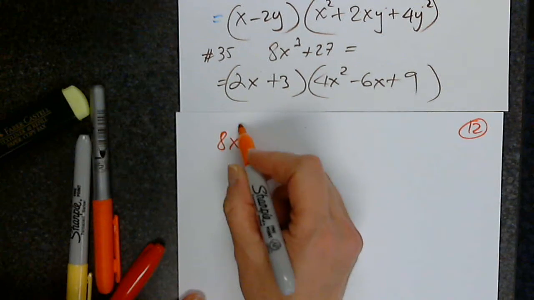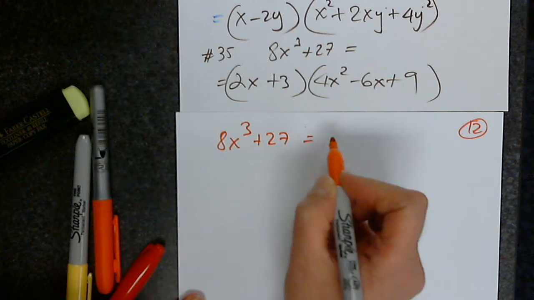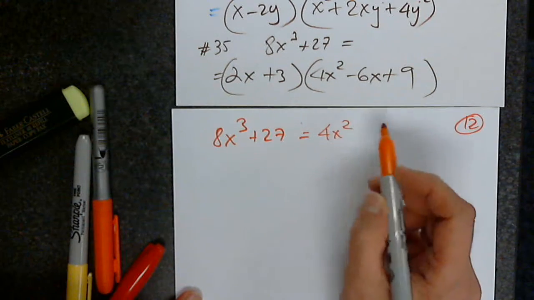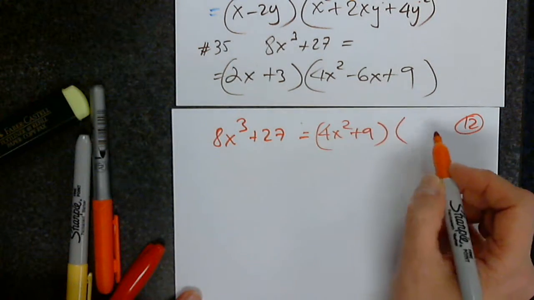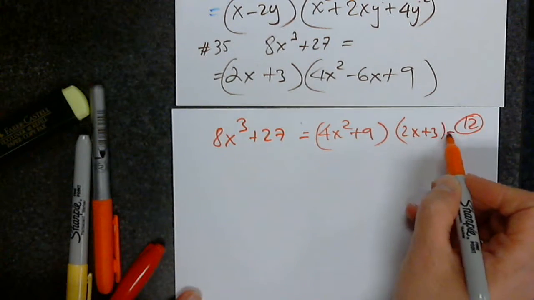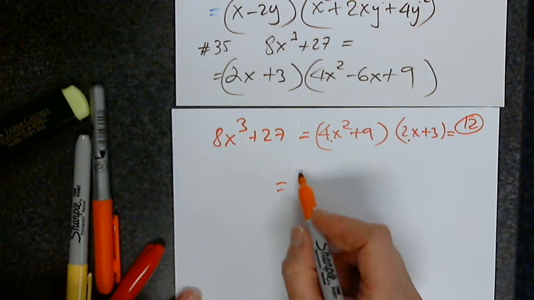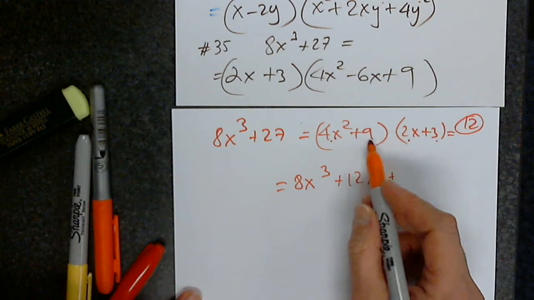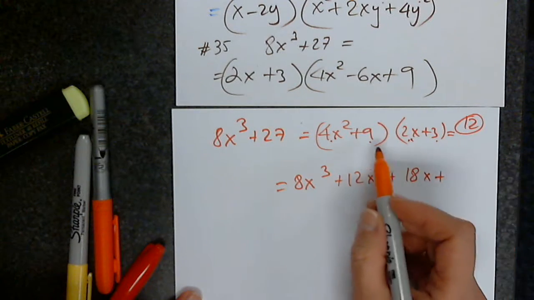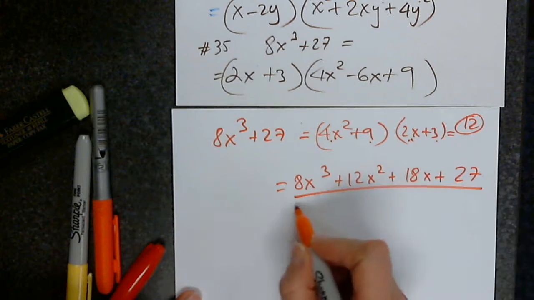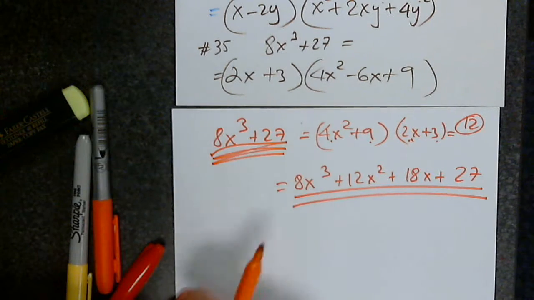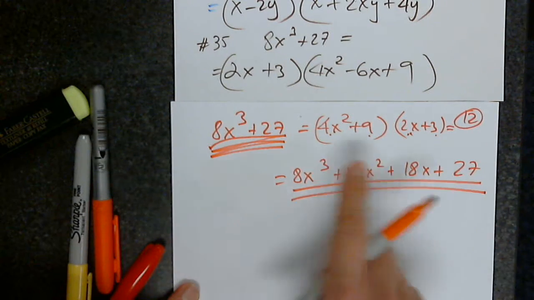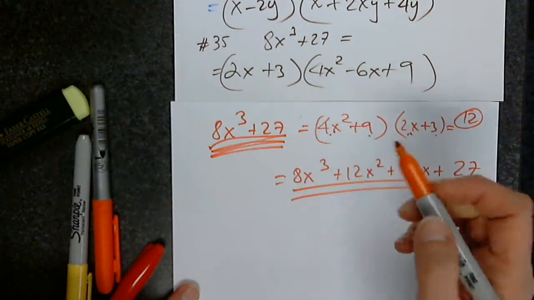What was your solution? 4x squared plus 9 and then 2x plus 3. Very good. Let's try. 4x squared times 2x, 8x cubed. 4x squared times 3, 12x squared. Plus 9 times 2x, 18x. Plus 9 times 3, 27. Do these four terms equal these two terms? No.